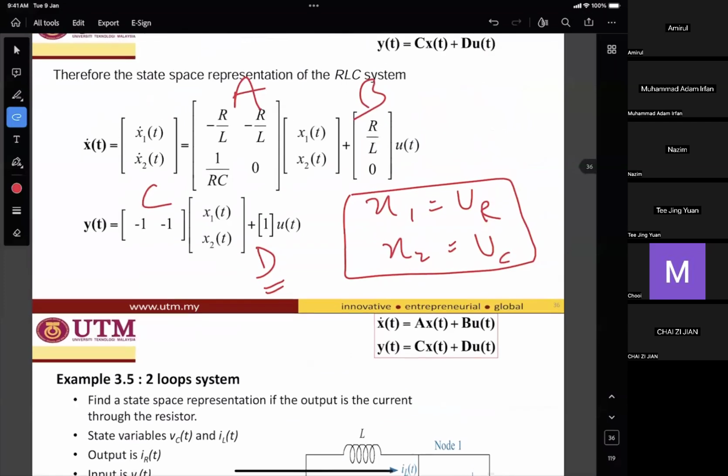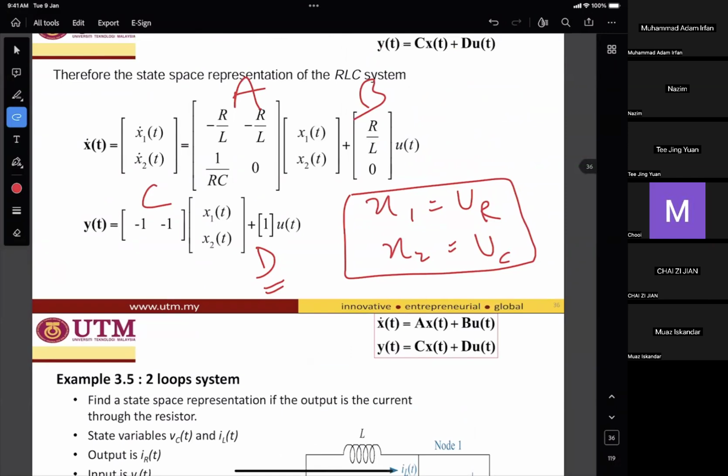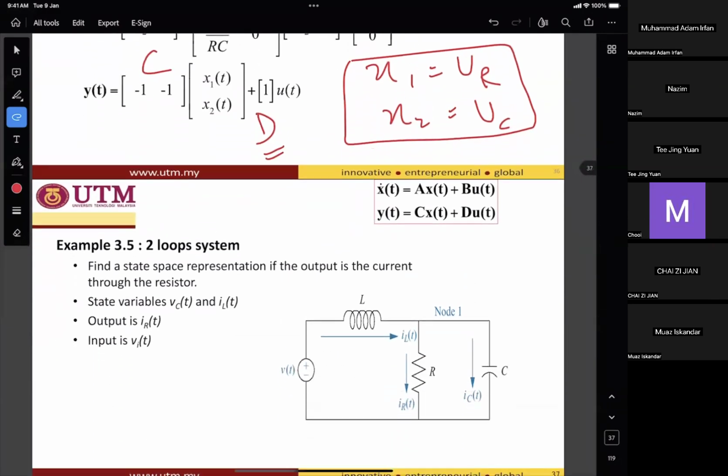In the matrix solution, it will be different. The matrices A, B, and C will change, but D is maintained as usual. Okay, that is the effect.